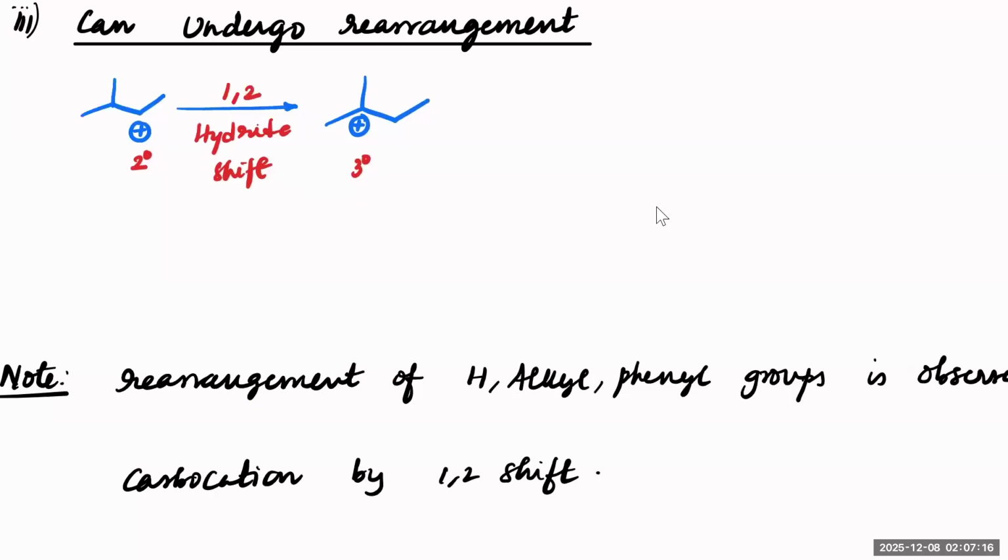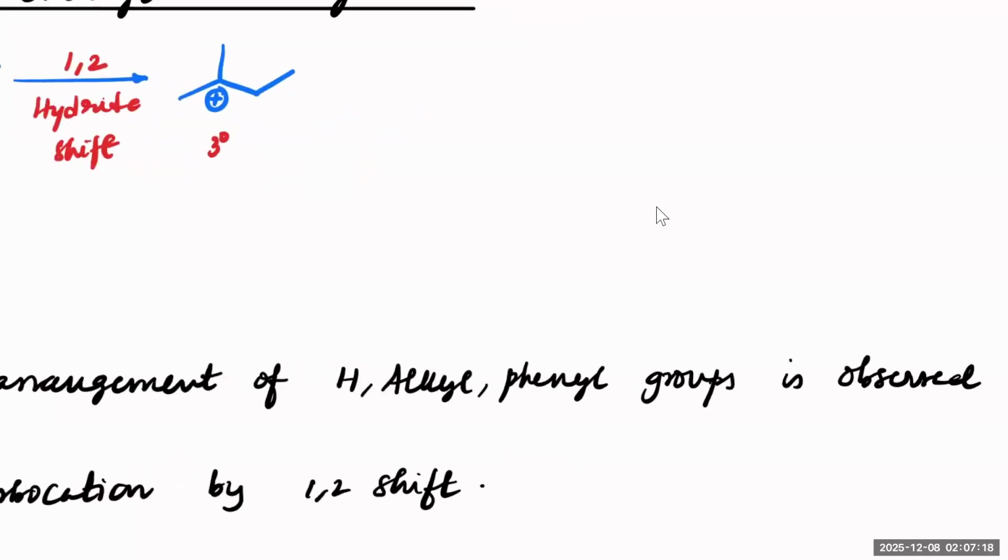How does it operate? Now, notice the structure. Basically, you have something like this: hydrogen being present here and carbon having an empty orbital present here. If you compare hydrogen's body, it is spherical in surface, so the spherical surface can easily come and overlap on this particular empty orbital.